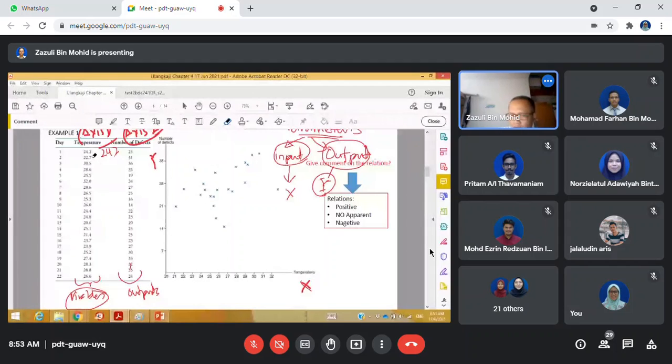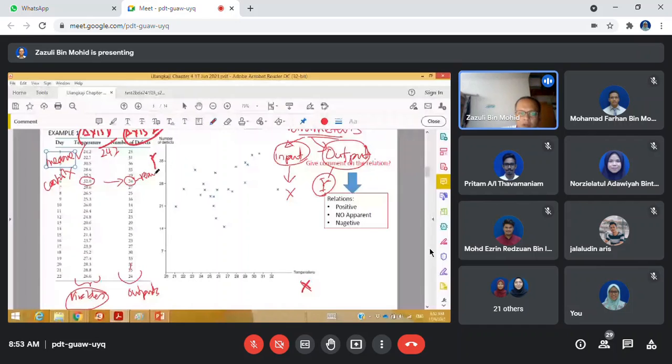It is not controllable, but we can measure. We just take the data for the temperature, and in this case, when the temperature, for example, is 32 degrees, the number of this set was 24. This is the result.